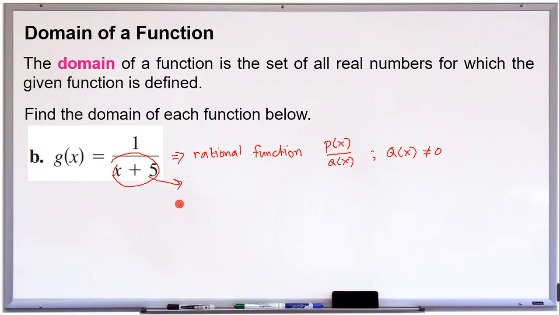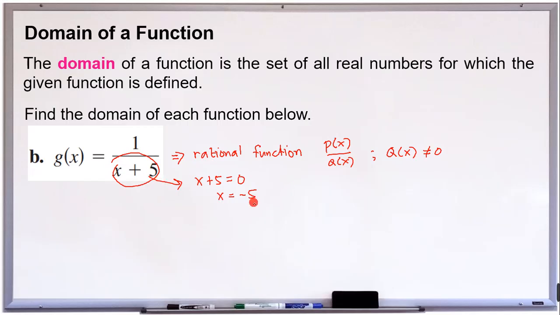So how did you do that? First, for a rational function, you need to equate the denominator to 0 and then solve for x. So that's x plus 5 equals 0. The reason we did this is that we need to know what value of x will make the denominator 0. So that's x equal to -5. This is the only real number that will make this rational function undefined.